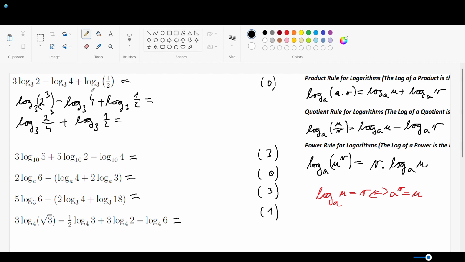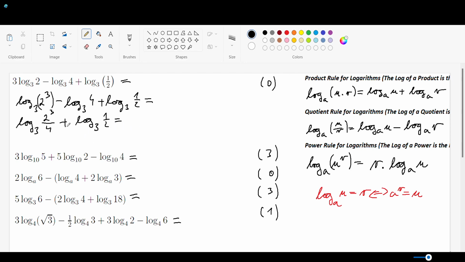So we applied here the quotient rule for logarithms, which basically means, and you can read it vice versa, that the difference of logs is equal to the logarithm of the quotient.